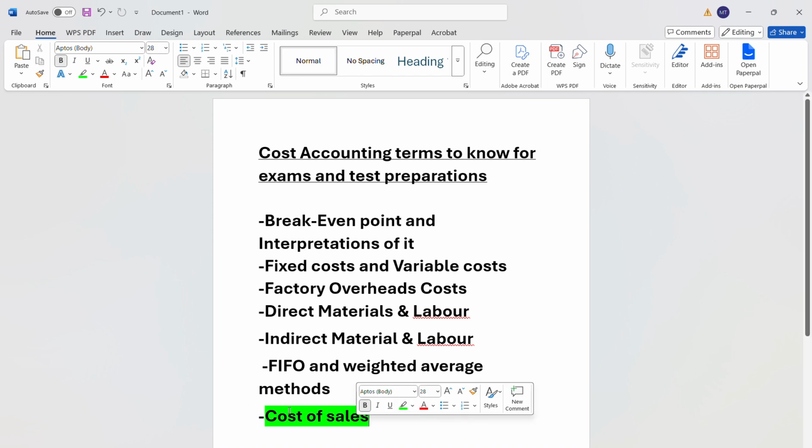We know cost of sales from our income statement. It's an expense, and you need to know it so that you can calculate the gross profit, the sales, and so on, when given the markup percentage. We'll explain everything thoroughly in the next video.